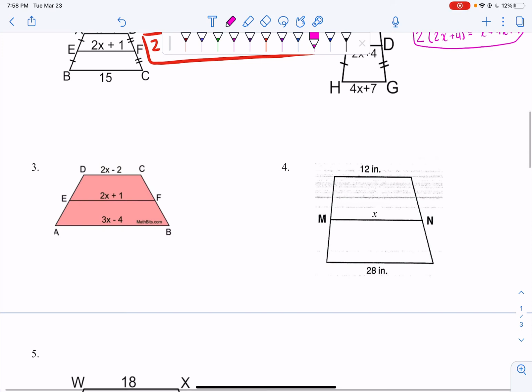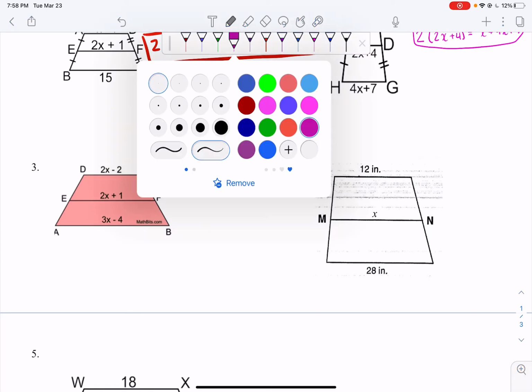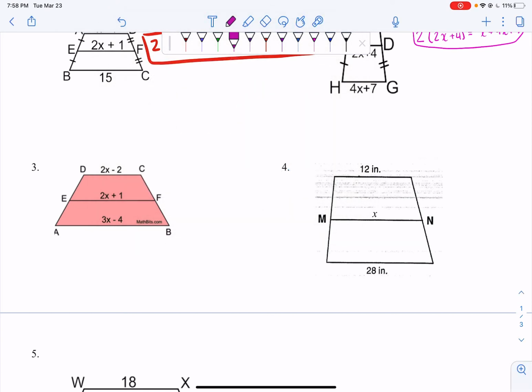Okay, let's go on to number 3. My median is 2x plus 1, and my bases are 2x minus 2 and 3x minus 4. Again, I just double my median, so I double my 2x plus 1, and I set it equal to base plus base. So I'm going to do 2x minus 2 plus 3x minus 4. And that'd be your final answer for that image.